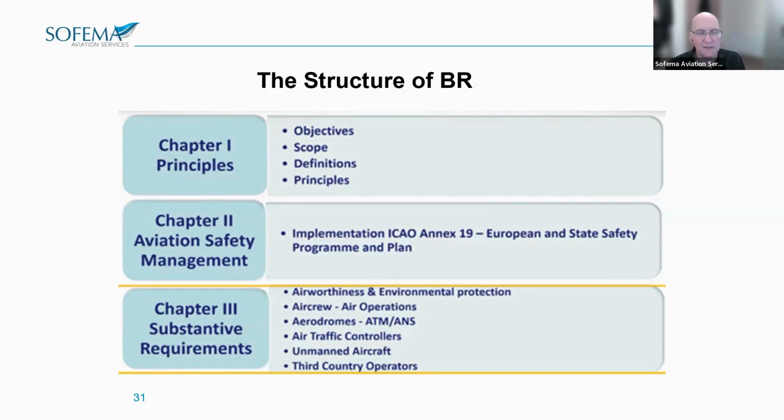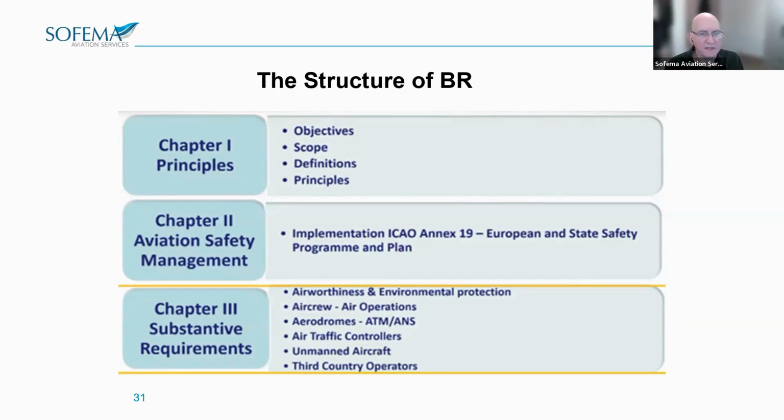The State Safety Program shall include at least the elements related to state safety management responsibility as described in ICAO Annex 19 and recommended practices. EASA shall also maintain a European plan for aviation safety as described earlier.